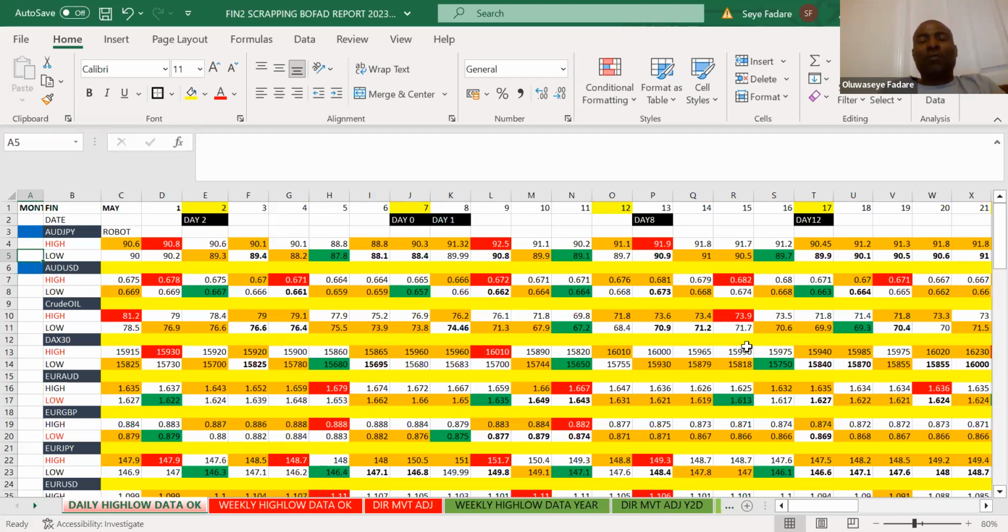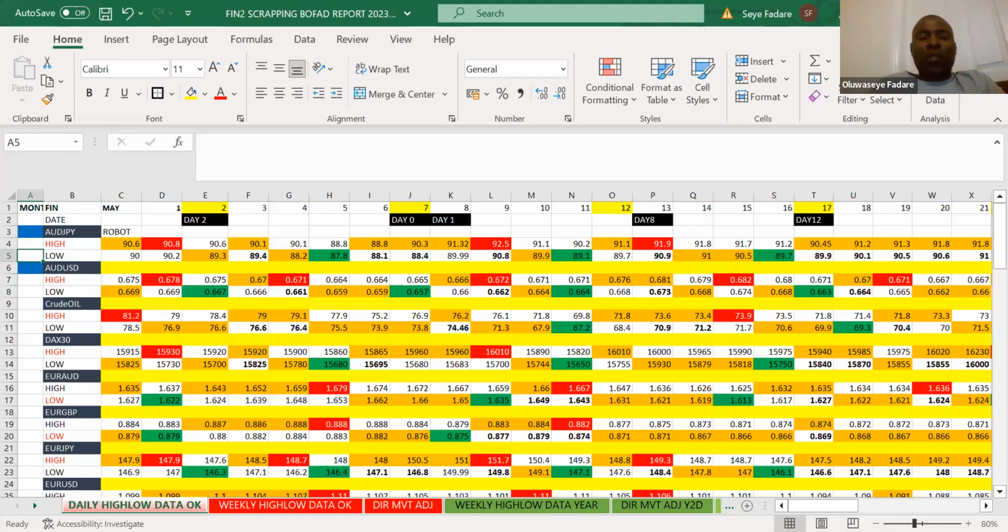And also, if we enter and the market is going against us, we can expect the reversal period and the reversal prices. So this is all that the scrapping report is about. Before we close this chapter, in summary, we're able to use this period to identify our daily high and low positions.